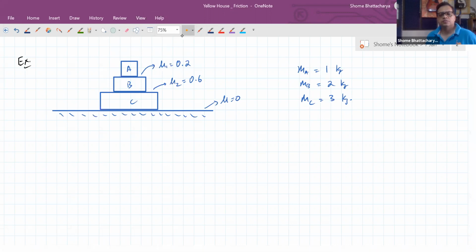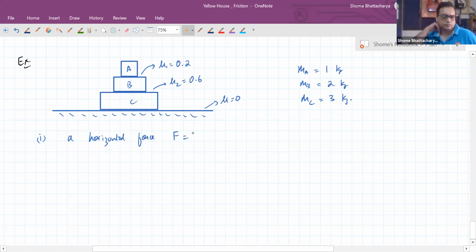Okay. Now suppose what we do is in the first part, a horizontal force of F equal to, let us say, 12 newtons is applied on block B. Okay. So we want to find the accelerations.